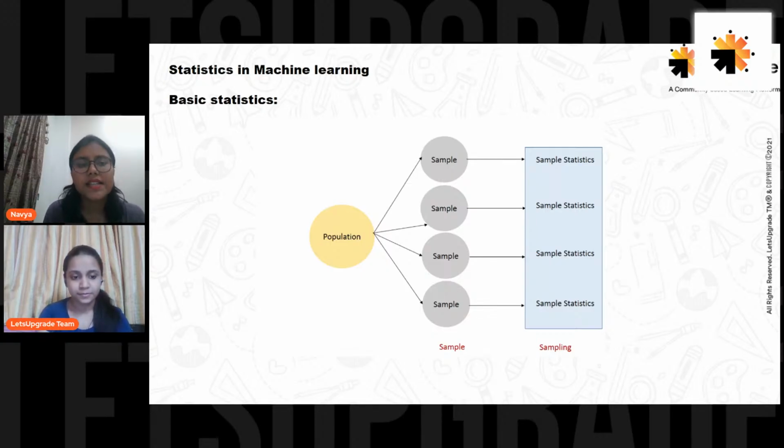See, statistics is very much related to numerical data. For example, if I ask you where the first revolt of 1857 started, it started from Meerut, right, and the date is 1857, so that is a static part.